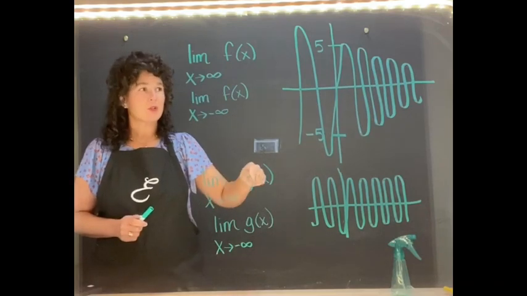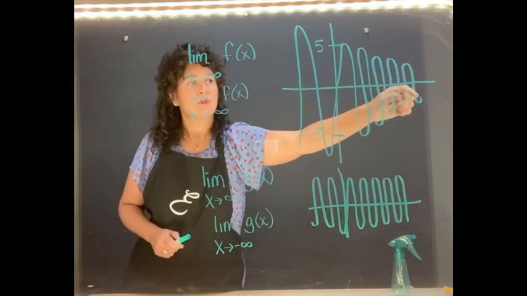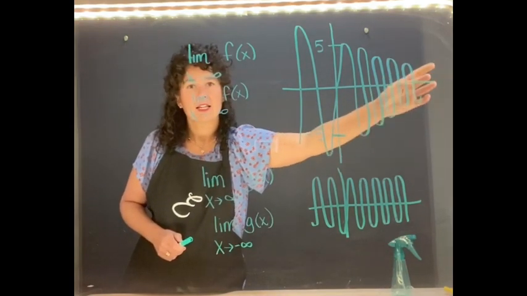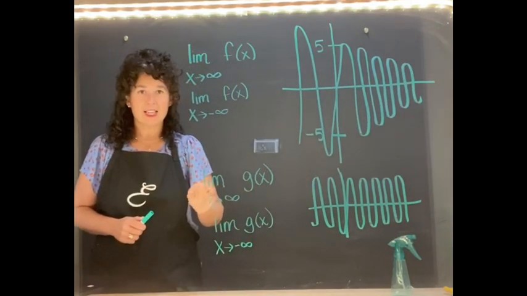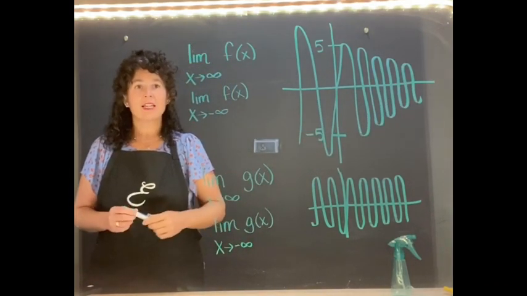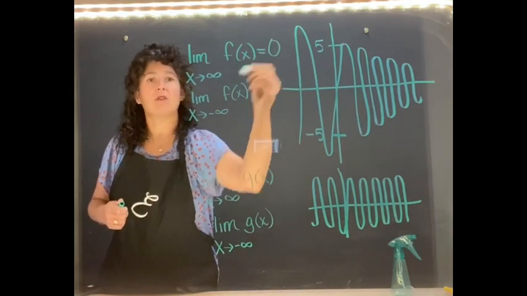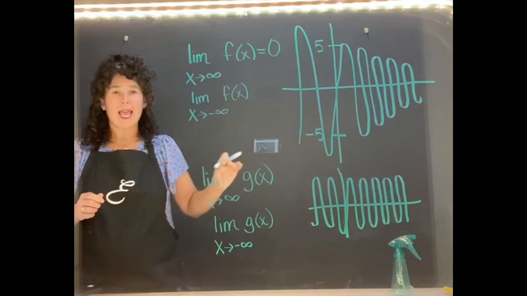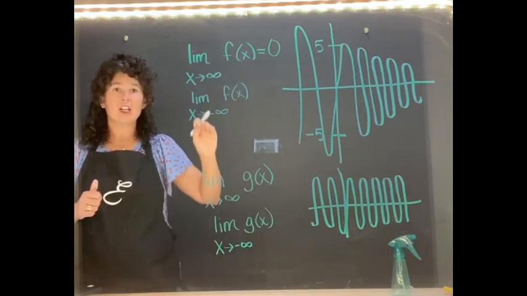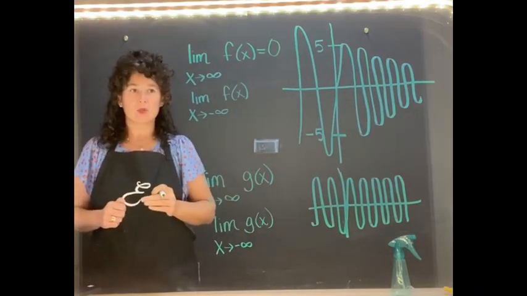So as time goes on, this is from both sides getting closer and closer to the x-axis, meaning an answer of 0. So here it's okay to oscillate back and forth across an axis as long as you're oscillating closer and closer as time goes on.